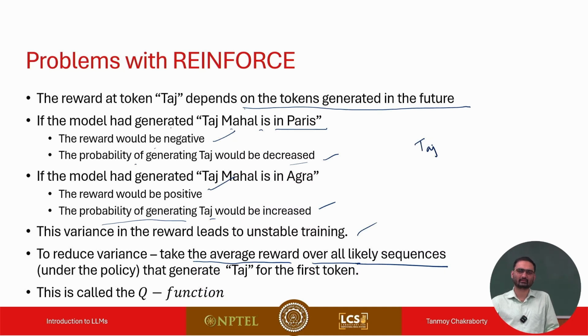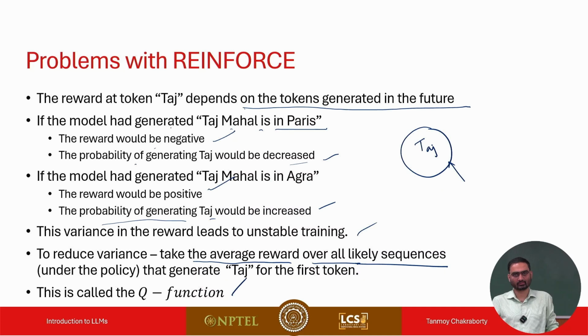Taj Mahal is in Paris, Taj Mahal is in UP, Taj Mahal is in Lucknow, Taj Mahal is in West Bengal, whatever responses the model generates given the prompt, of course. And then you calculate some sort of cumulative reward for the word Taj.